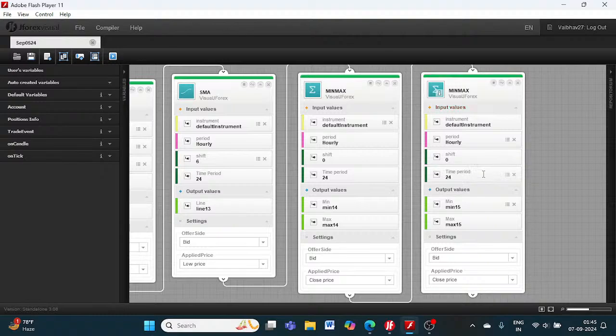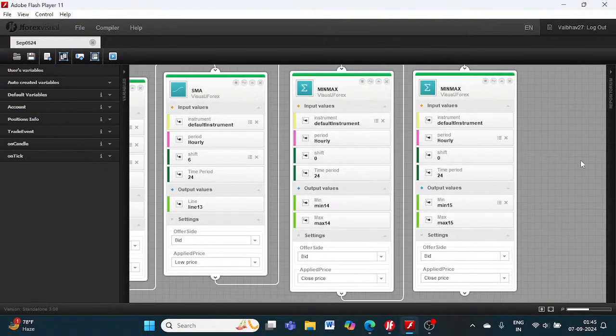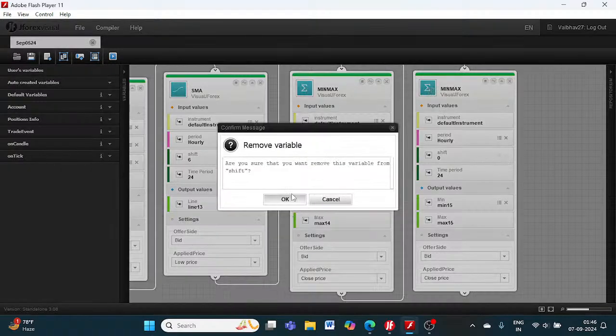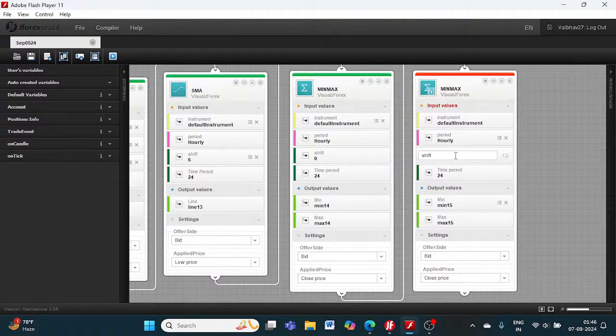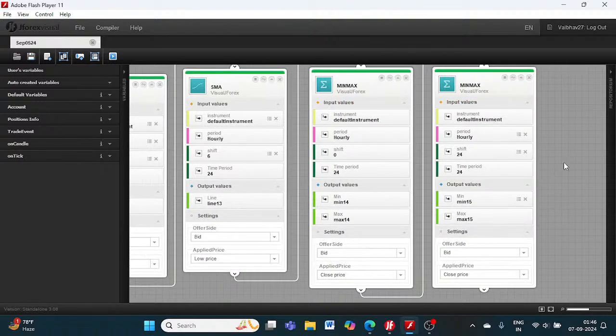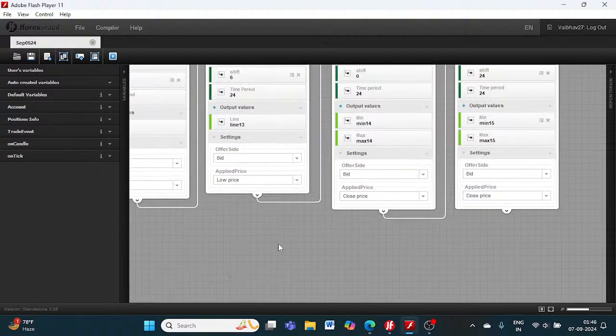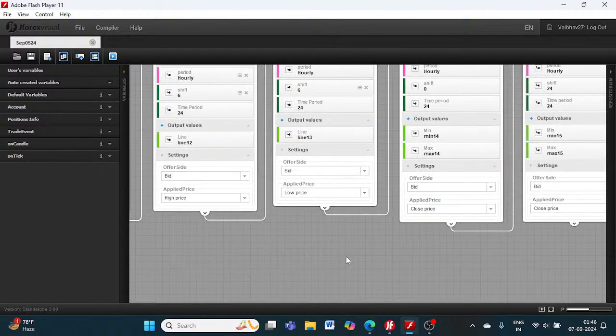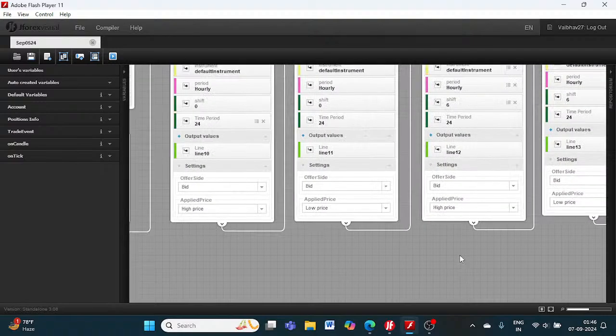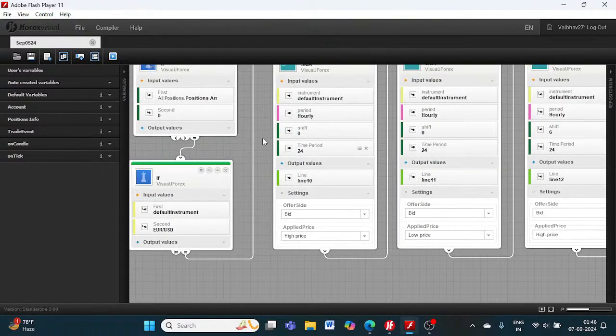All right, and for the comparative purpose, here I will take the gap between the current min max and the min max 24 hours back. Now here we will see the comparison between the prices, the range prevailing now and the range prevailing way back. So we have these indicator blocks in place now.